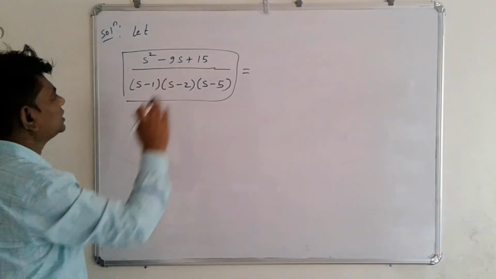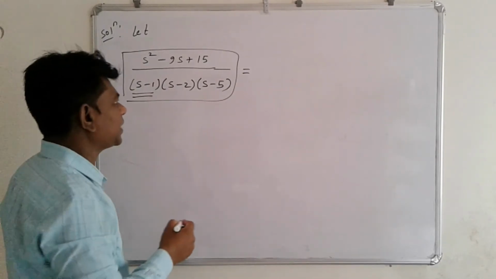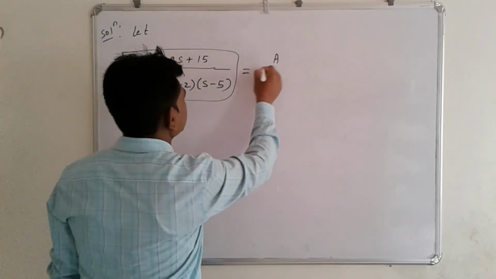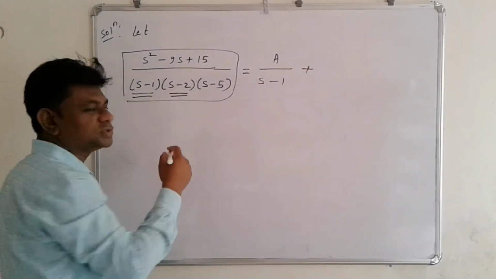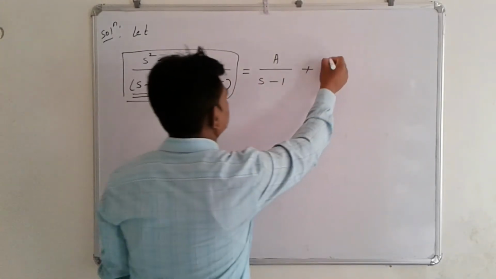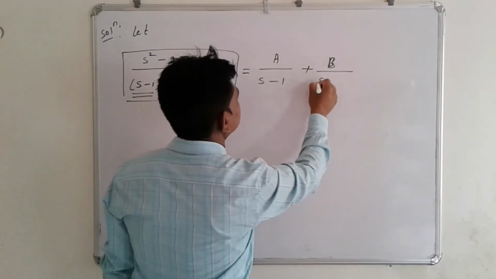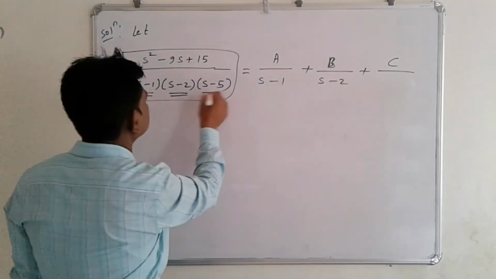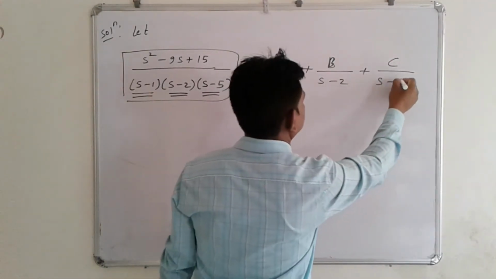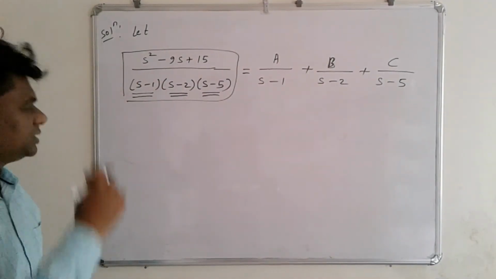This given fraction is equal to, here s−1 is the linear factor, so we use constant A for the first linear factor, plus s−2 is the second linear factor, so we use constant B for the second, plus constant C for the third linear factor s−5, where A, B, C are constants to be determined.